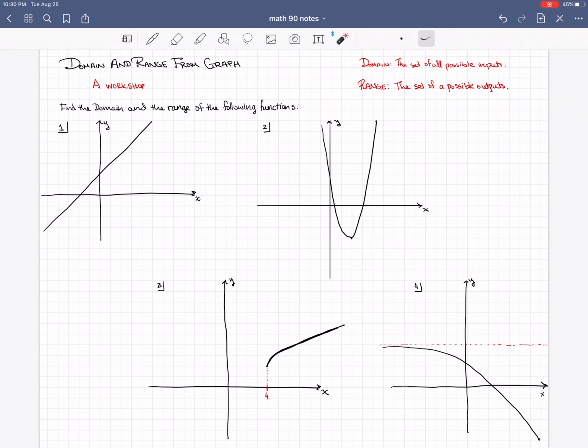From here on out, how's it looking? Well, if we trace along the x-axis, it seems like for the rest of the time, there is a point on the graph with that x-coordinate, because if I pick any point to the right of 4 on the x-axis, I can find a point on the graph with that x-coordinate.